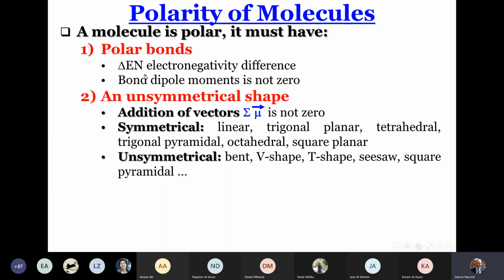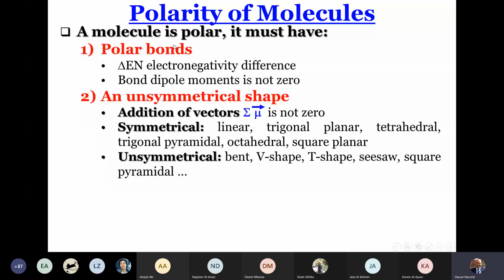So a bond is polar if it has a bond dipole which is different from 0. Remember that the bond dipole mu is equal to the absolute value of delta times d. If the bond dipole is not equal to 0, that means you have a value of delta, a difference of electronegativity, and that means the bond is polar. So any molecule which is polar necessarily contains polar bonds.